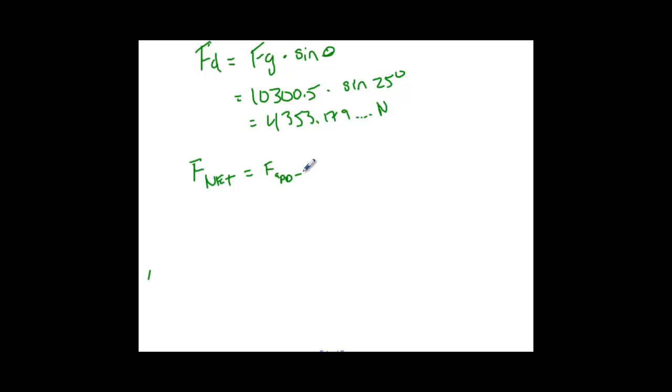Your F net would be equal to your force applied minus your force of friction minus your downward force equals mass times acceleration.